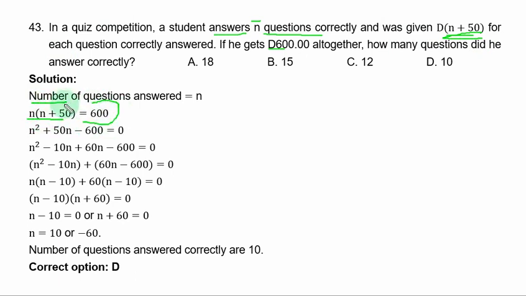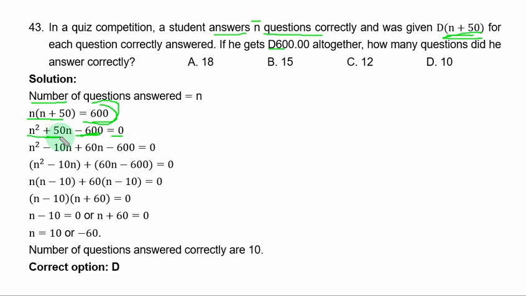If you expand, you have a quadratic. You have to transfer this term to the left hand side for you to have 0 in order to factorize. To factorize, you look for 2 factors of 600 whose sum is plus 50 and whose product is minus 600.